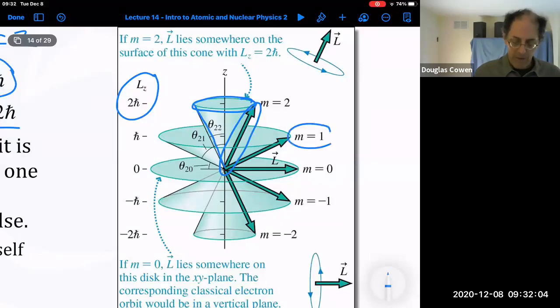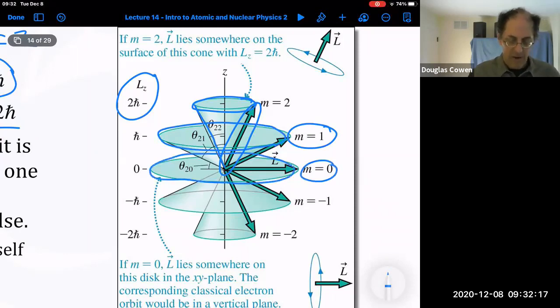If m equals 1, then it can only exist on this cone below there. If m equals 0, then it can only exist in this plane here. This is like the cone, but it's flattened, so it has a projection of 0 onto the z-axis. And in a similar way, for m equals -1 and m equals -2, the angular momentum vector can only reside on the surface of those cones.